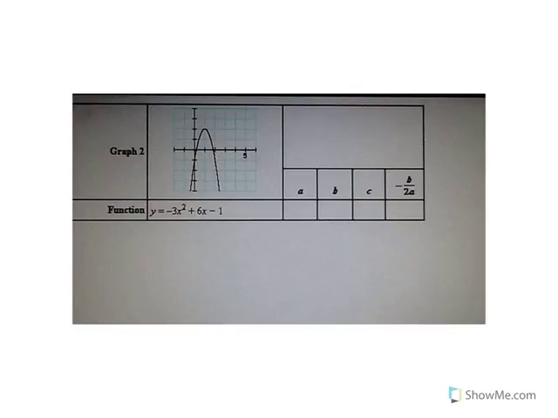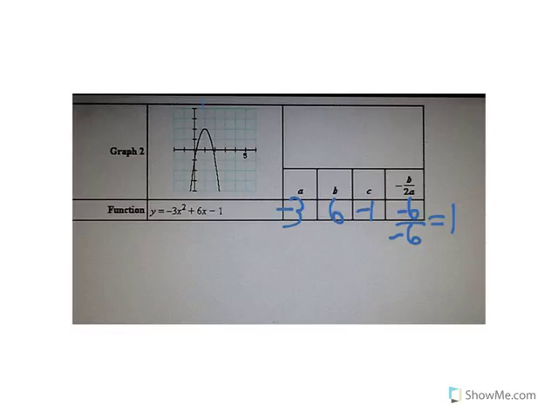So in this case here, a's value is negative 3, b's value is 6, c's value is negative 1. So negative b over 2a: negative b is going to be negative 6 over 2 times a. 2 times a is going to be negative 6 again. So that value is just going to be 1.